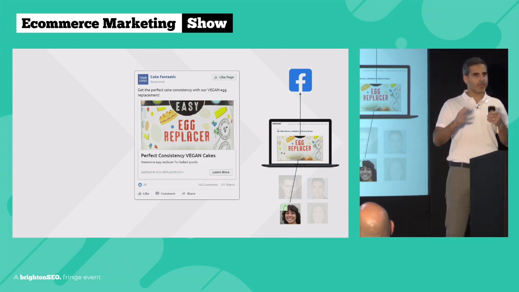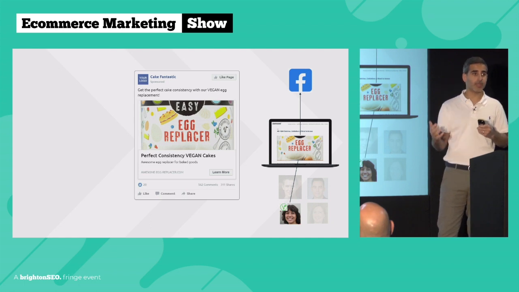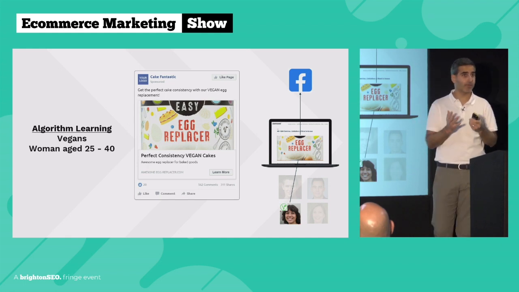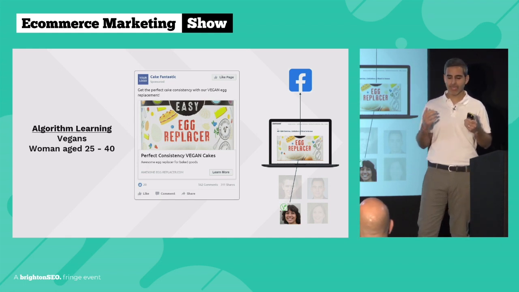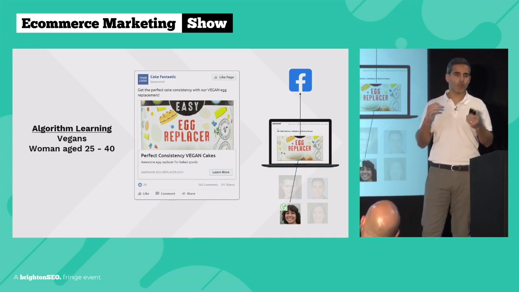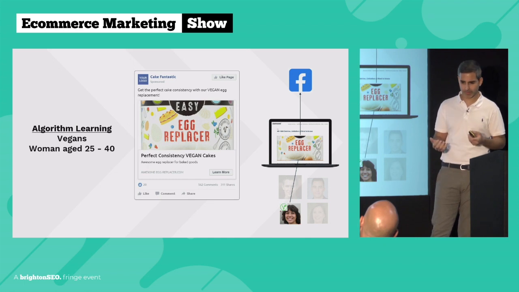And when they purchase, that is communicated over to Facebook. And in turn, Facebook has now learned, and the algorithm, so the whole marketing campaign, has now understood that vegans, and specifically women aged 25 to 40, could be a good audience for this product.